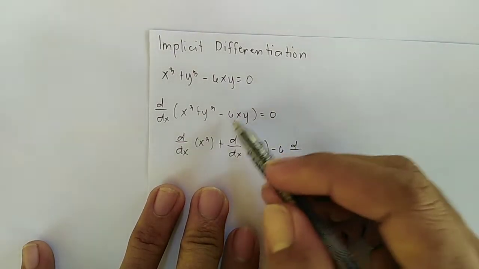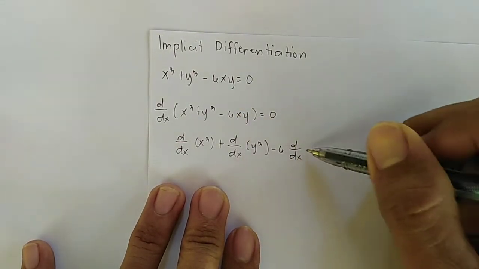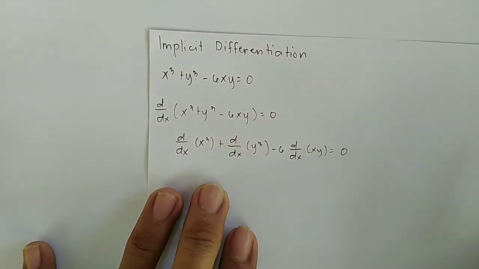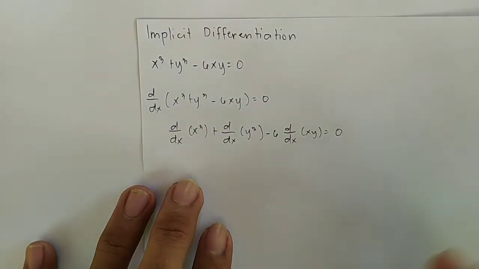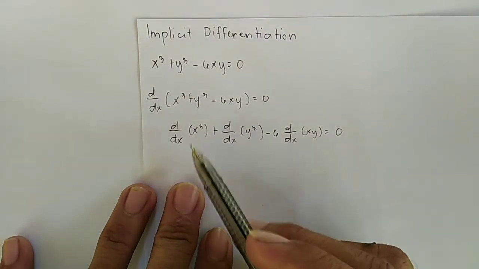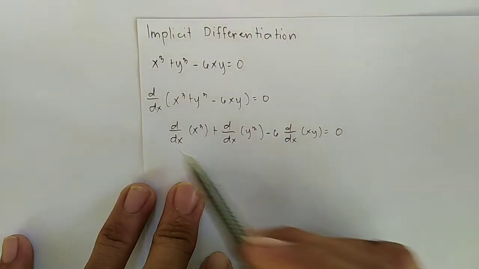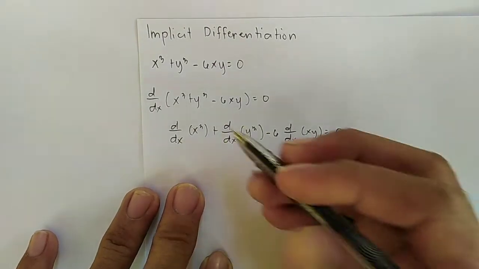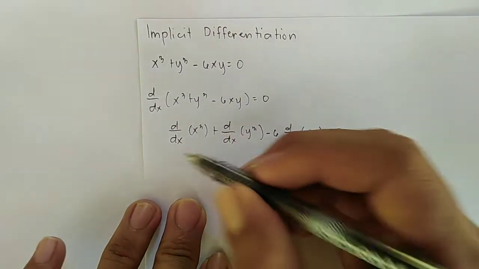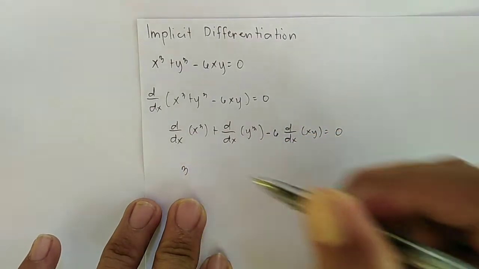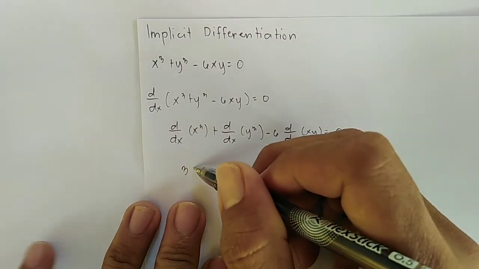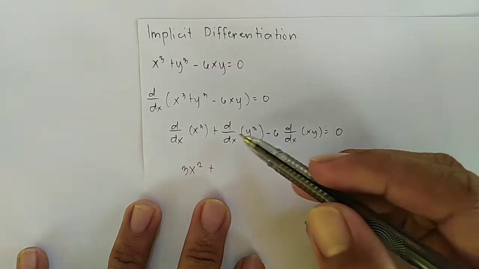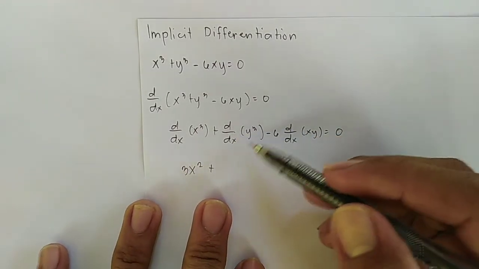So notice that we have a numerical coefficient here: 6 times d over dx of xy is equal to 0. Then simplify this, or get the derivative of each term. The derivative of x cubed, applying the power rule, is 3x squared, plus d over dx of y cubed.